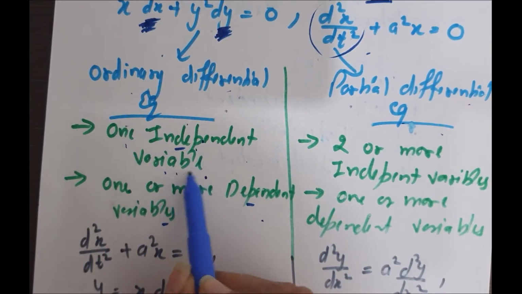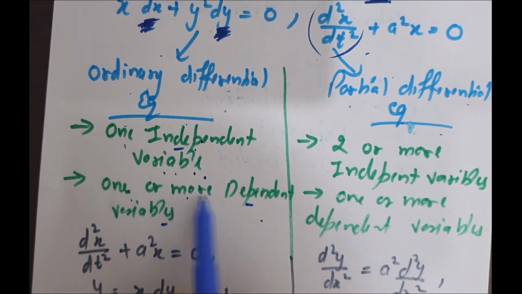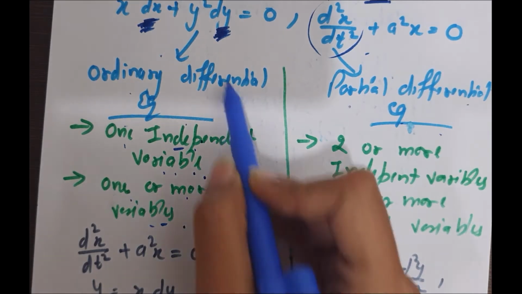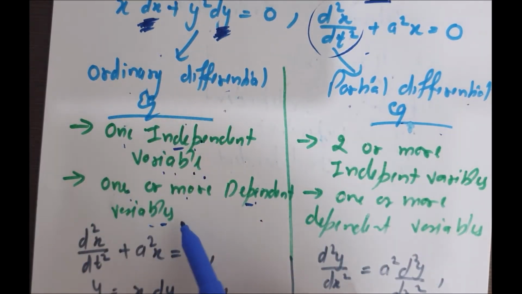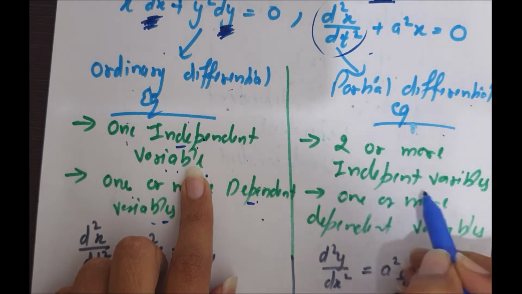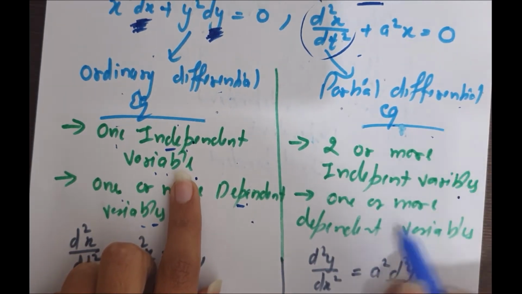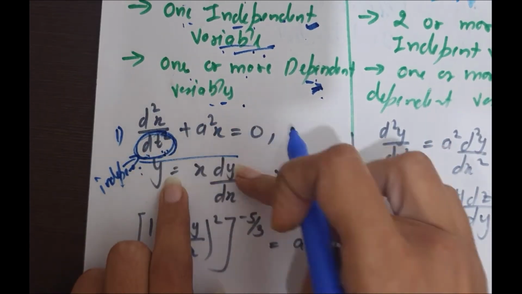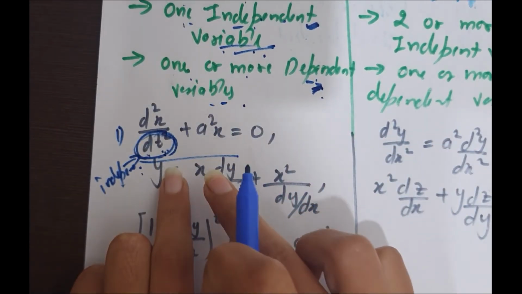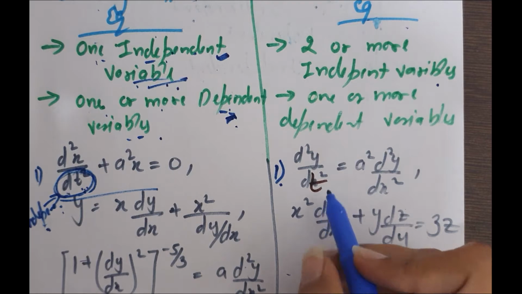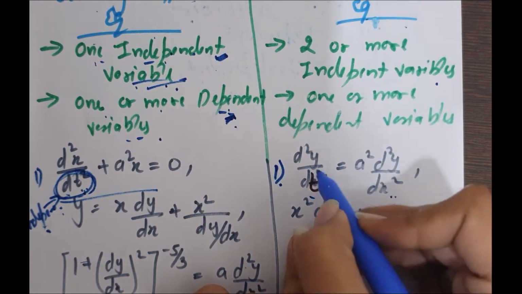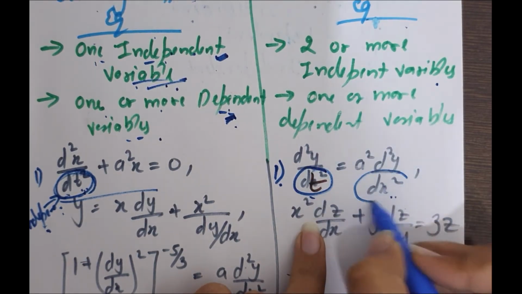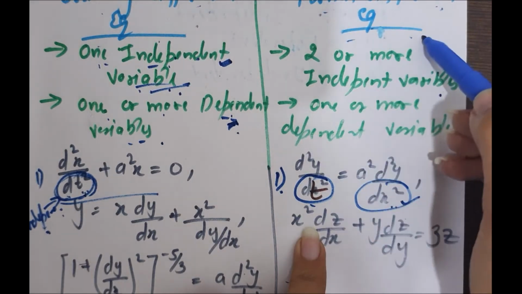If one independent variable is there and one or more dependent variables are there, then that is called an ordinary differential equation. If two or more independent variables are there, then it is called a partial differential equation. In this equation, only one independent variable is there, that is dt. And in this equation, two independent variables are there, that is dt and dx. So it becomes a partial differential equation.